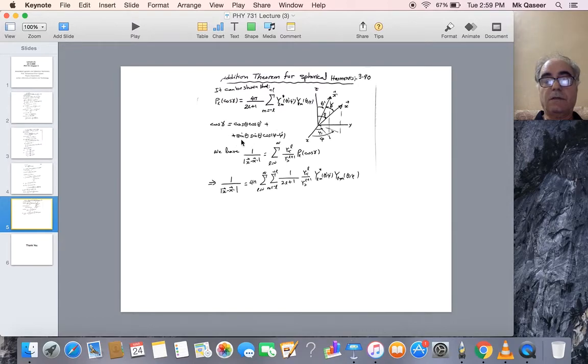We also derived in a previous lecture this expression: 1 over |x minus x prime| represents a potential for a unit electrostatic charge.